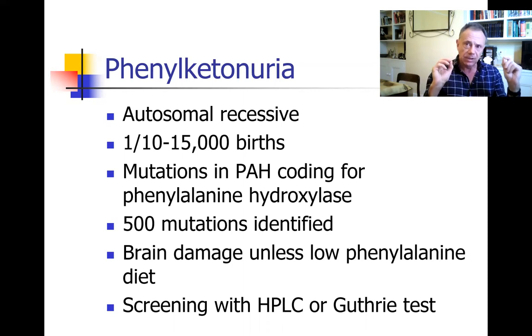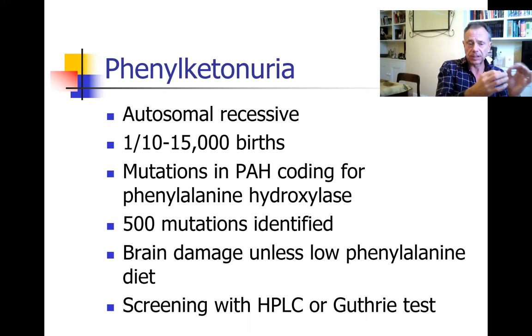However, it's also a good example of a gene-environment interaction, because although it's a Mendelian recessive disease, you don't develop the phenotype unless you're exposed to phenylalanine in your environment, which here is in your diet. You eat food and it's got phenylalanine in.